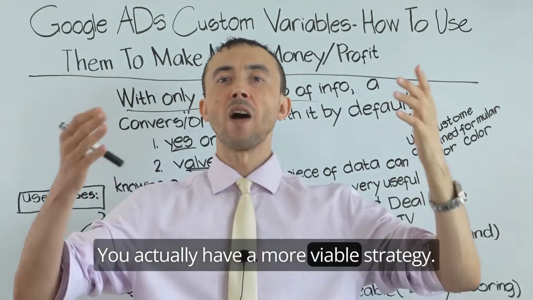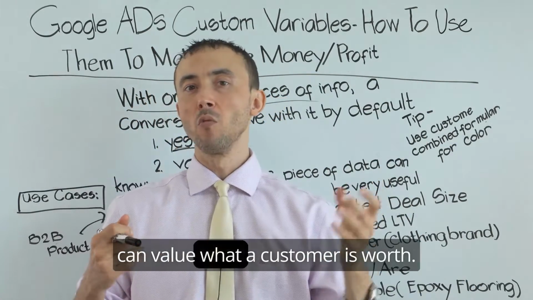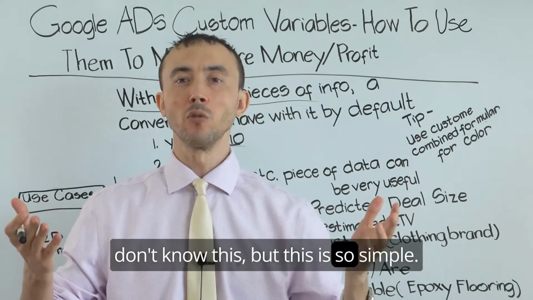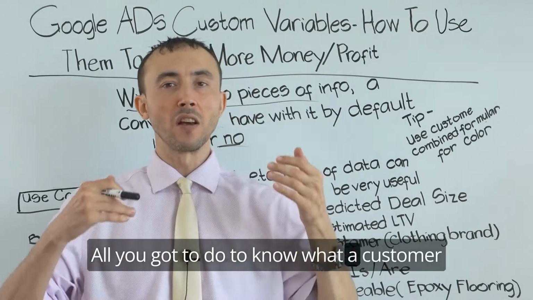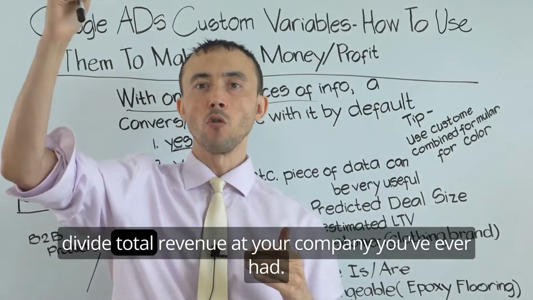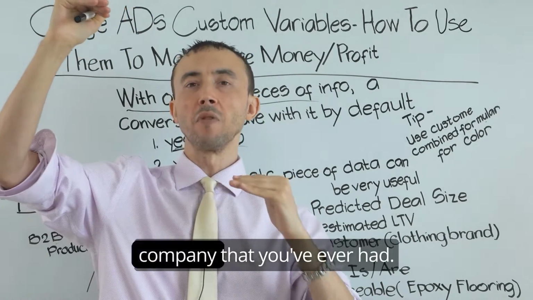You actually have a more viable strategy. And with that, by the way, you can value what a customer is worth. A lot of people don't know this, but this is so simple. All you've got to do to know what a customer is worth over the lifetime at your company is to divide the total revenue you've ever had at your company by the total customers you've ever had.